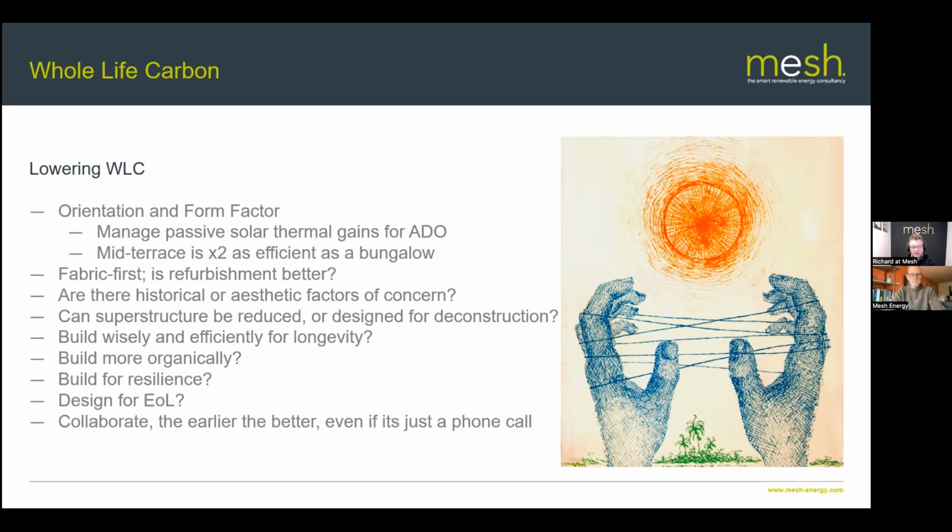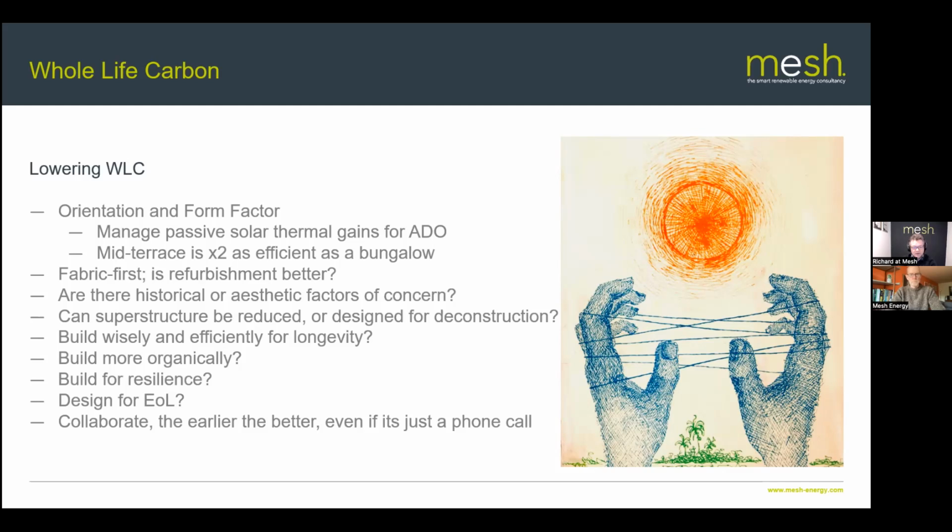So think about form factor in terms of managing passive solar thermal gain for overheating analysis, and also, for example, domestically a mid terrace is twice as efficient as a bungalow. The same actually applies with a commercial scheme I'm working on at the moment.